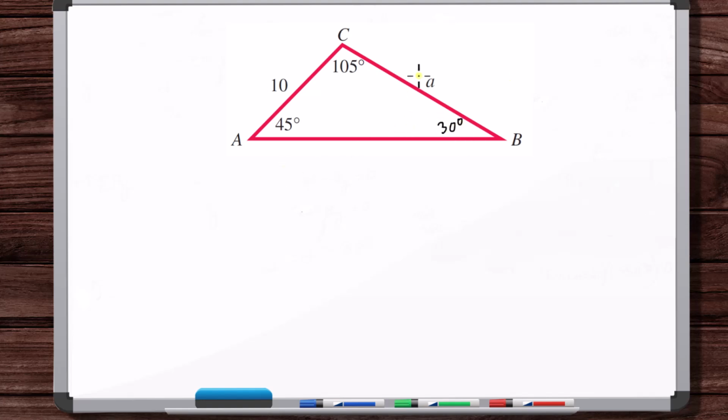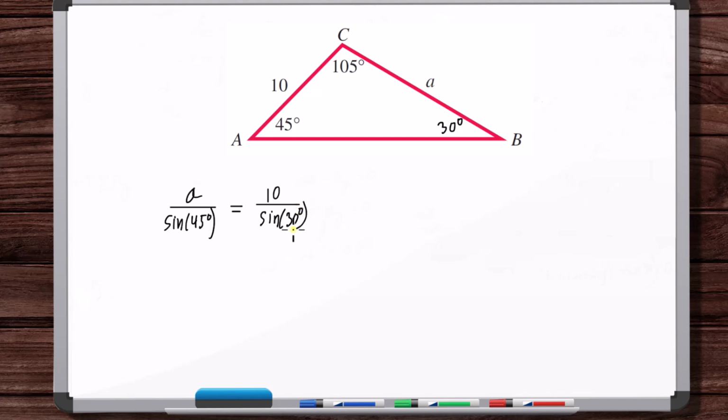Okay, so we want to get side length A, so we'll do A over sine of 45. We could have done sine of 45 in the numerator, but I think it makes cross multiplying a little bit easier to solve for A, but it doesn't matter. A over sine of 45, and then we'll do 10 over sine of 30.